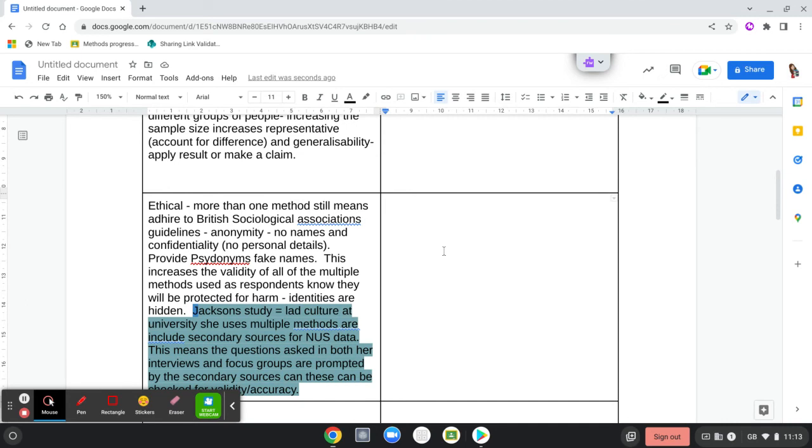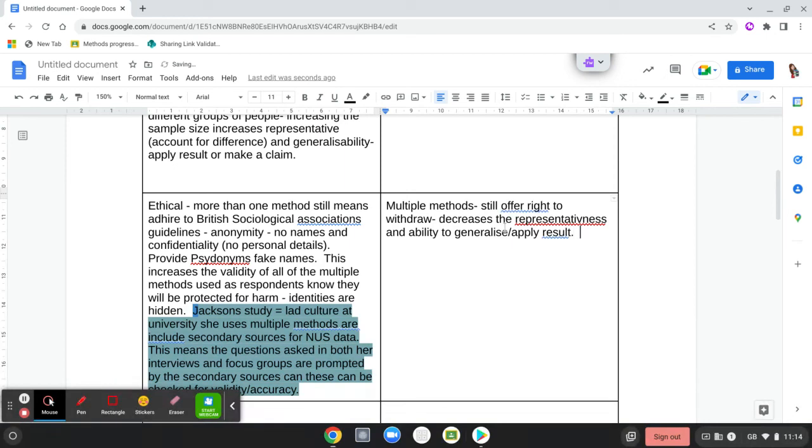However, for that side, still for ethical, I've gone off a little bit into validity, but it doesn't matter too much. So in the ethical side, however, I'm going to say that with the use of multiple methods, we still offer the right to withdraw, and this still decreases the representativeness and the ability to generalize or apply results.